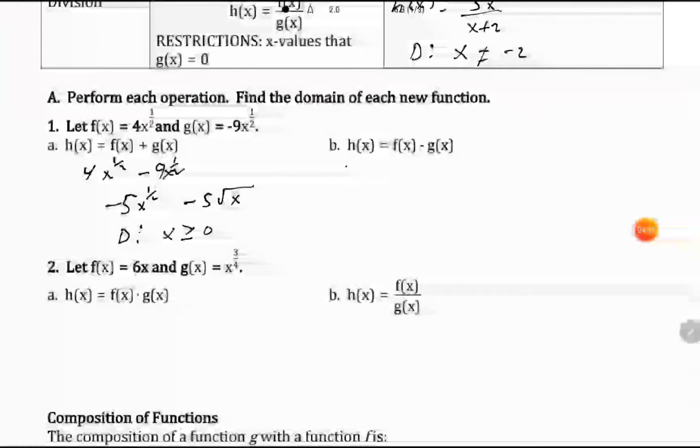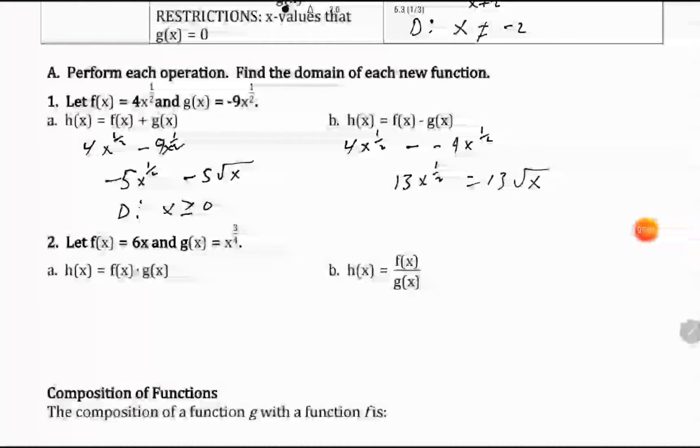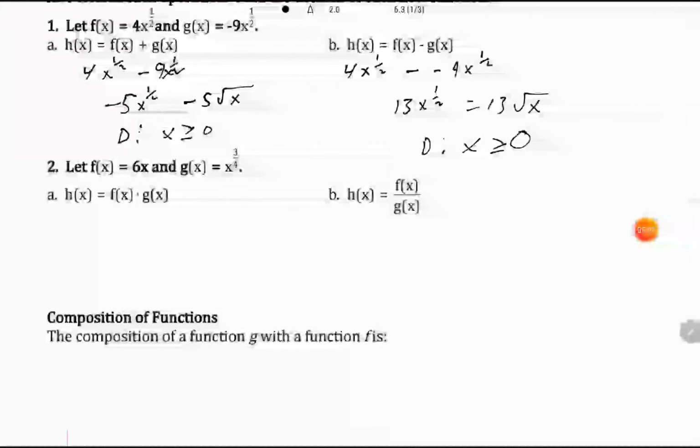Again, this is 4 apples minus 9 apples, which is the same thing as 4 plus 9 apples, which is 13 apples, which is 13 square roots of x. And once again, domain: x is bigger than or equal to 0.